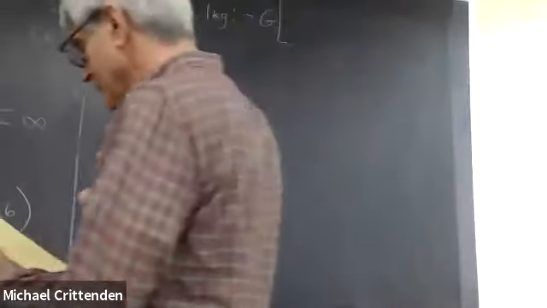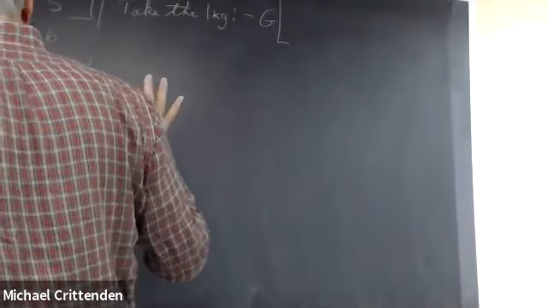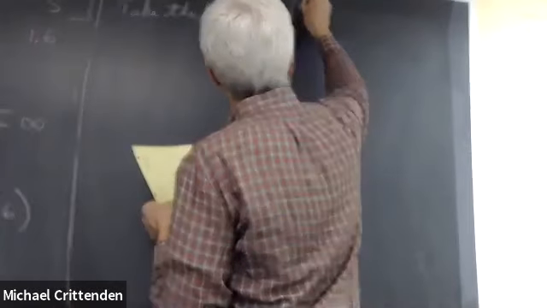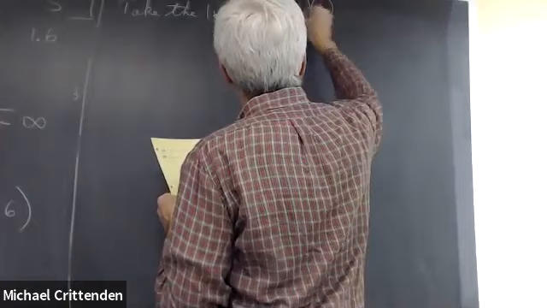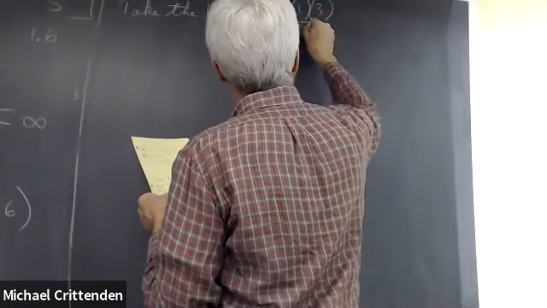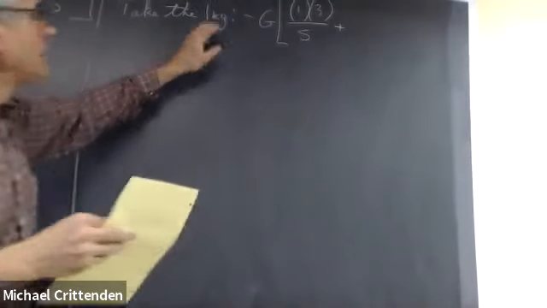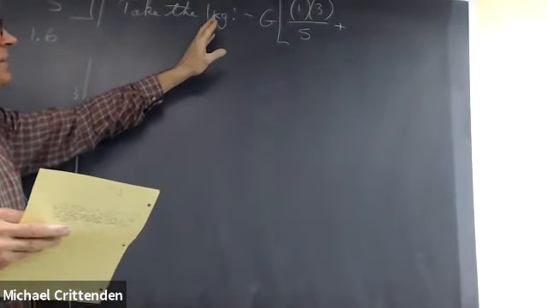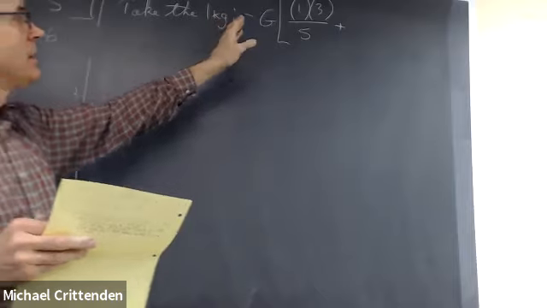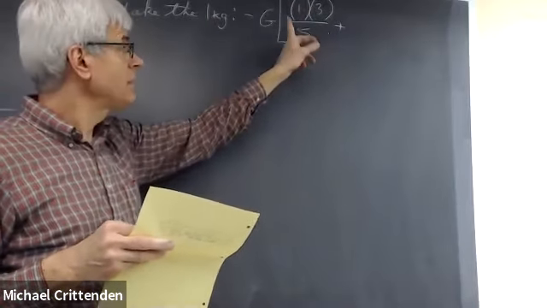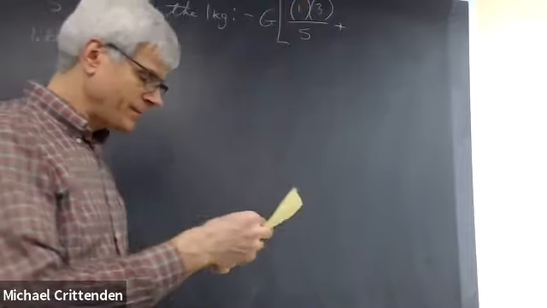So the work you have to do against the gravitational field of the 3 kilograms would be 1 potential energy of the 1 kilogram because of the 3 kilograms would be this, put the 1 and the 3 on top.